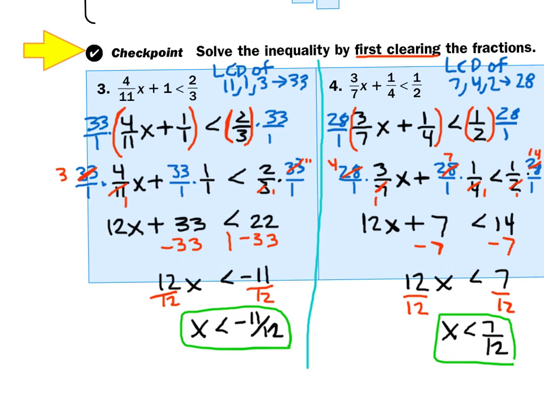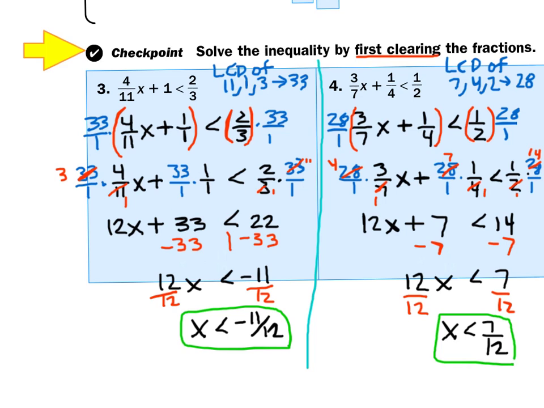Now remember, the trick is start at the denominator. Start at the 11. 11 goes into 33 3 times, then bring that over. 3 times 4x is 12x. Copy the plus sign. Then you could start at the denominator here, but 1 goes into 33. 33 times 1 is just 33.